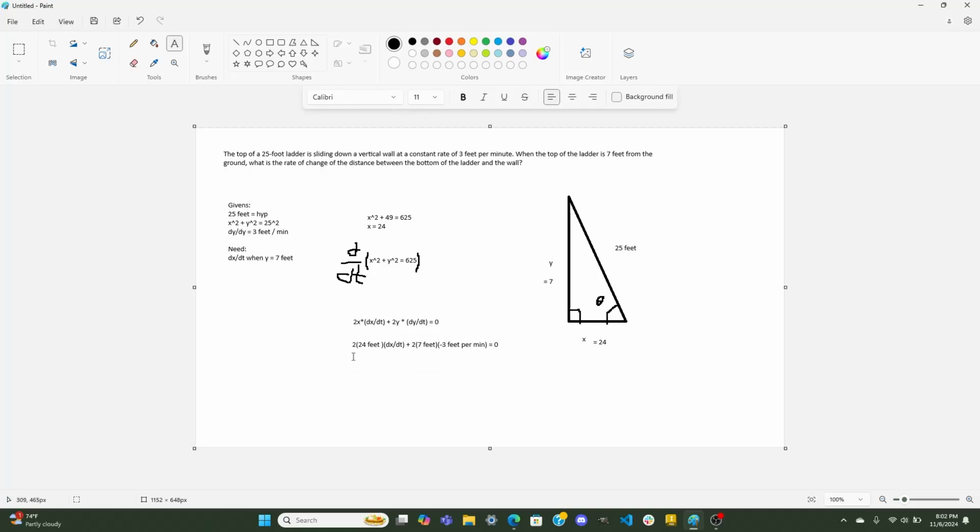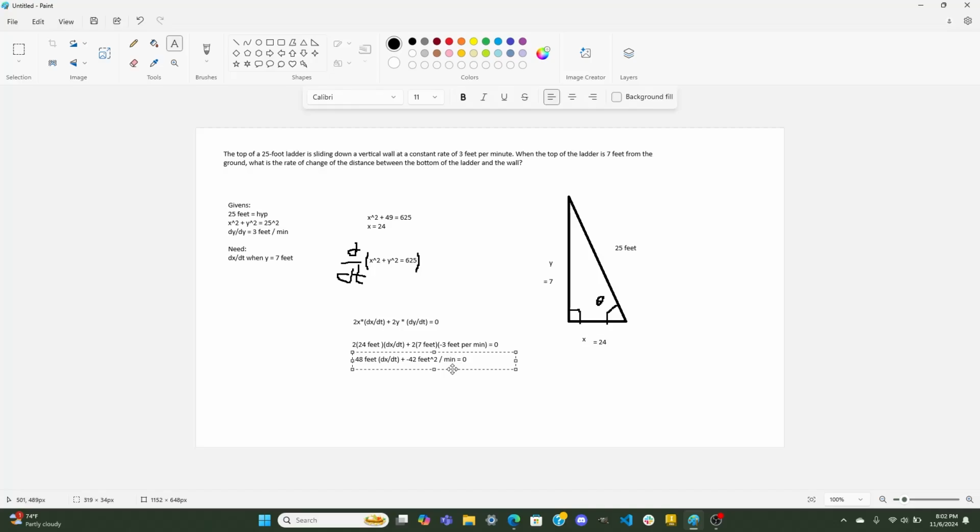All right. So now that we have our equation fully filled out, we can start to simplify. We can do this by saying 48 feet times dx over dt plus negative 42 feet squared per minute equals 0.